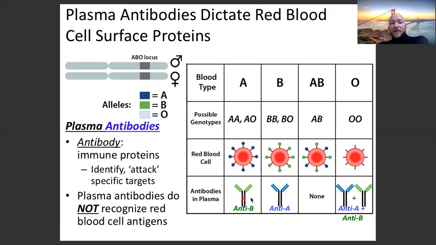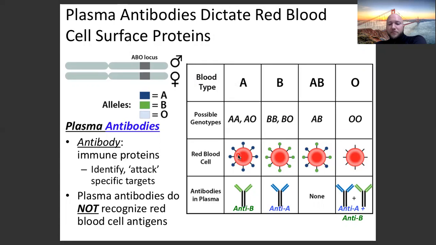They're not going to have any anti-A antibodies. They're only going to have anti-B. So an antigen generates an immune response. You don't want to generate an immune response against your own blood, right? So your body has mechanisms to prevent that. With A antigen, you won't have A antibodies.